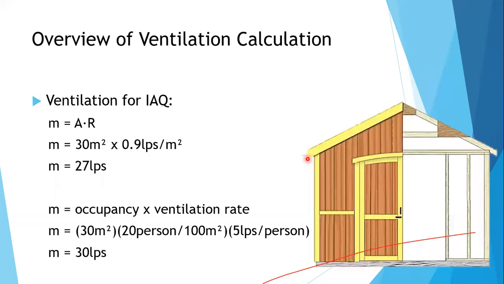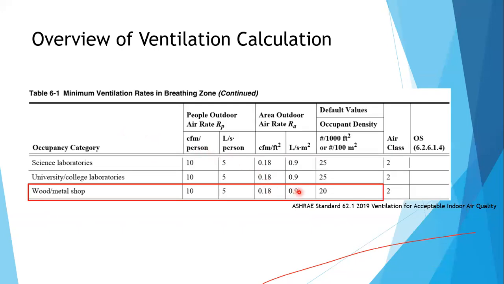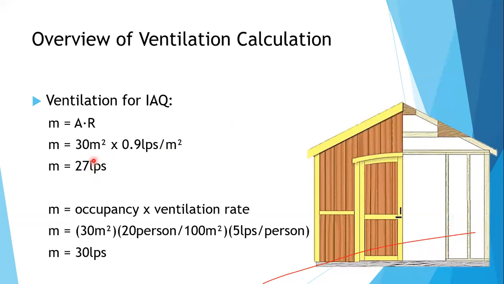So let's see. Our example earlier was a wood shop. So this wood shop was 30 square meter times 0.9. This 0.9 came from here: 0.9 liters per second per meter squared. So we will get 27 liters per second.